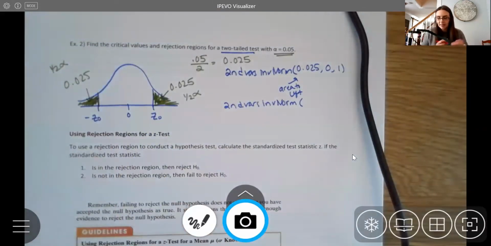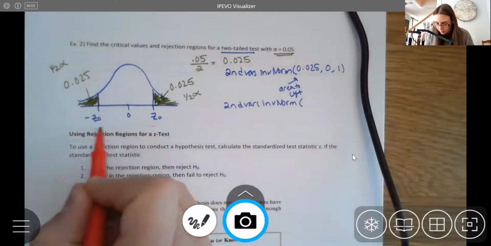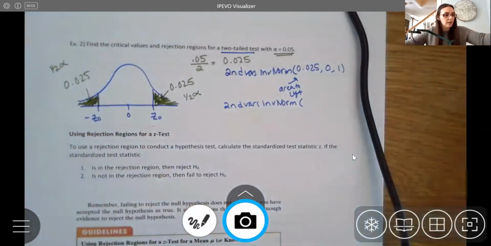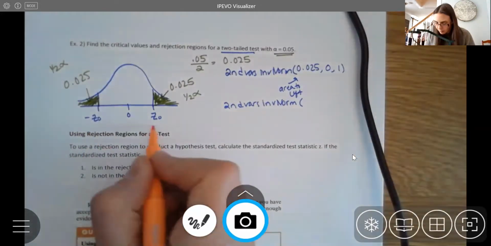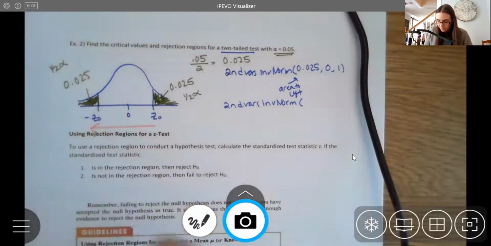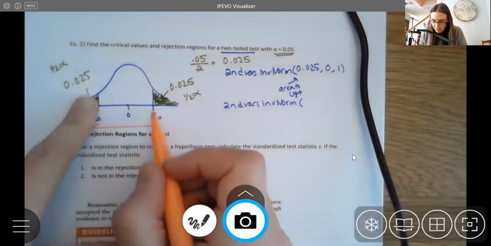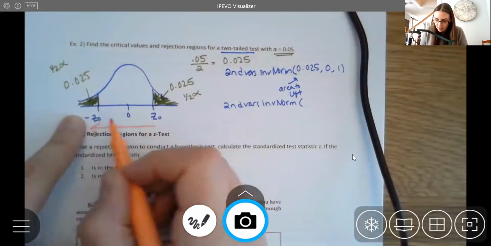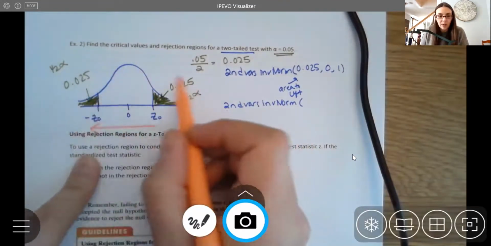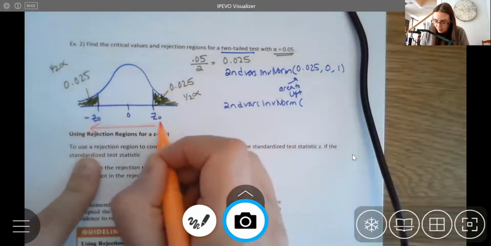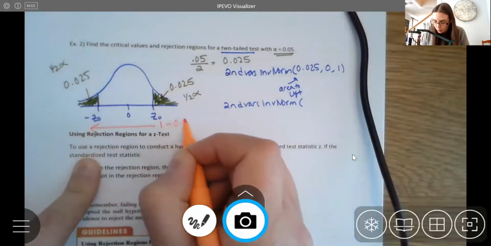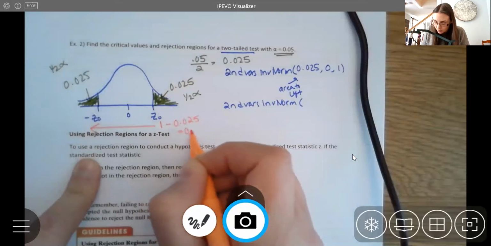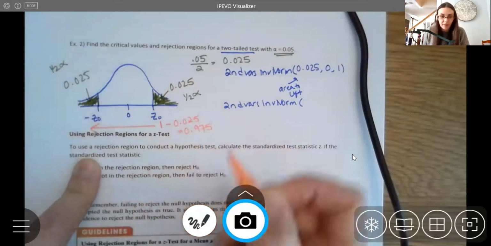So this area to the left is 0.025. If I want to look at this area to the left, though, you do need to, oh, well, my markers are running out. Sorry, guys. You do need to be careful of how you're adding. Think about how much area is going to be to the left here. It's everything but this little piece, right? So your area to the left is 1 minus 0.025, which is going to be 0.975 here.